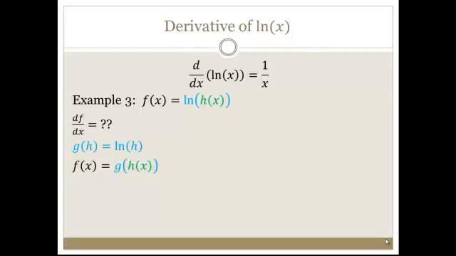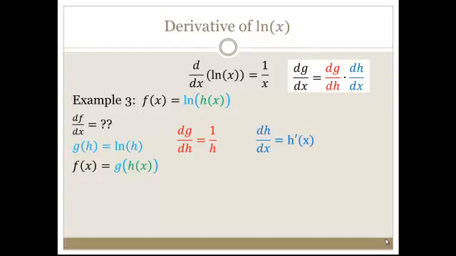Now that we have our composition, f of x equals g of h of x, we can compute the derivative of f using the chain rule again. Now, as we did before, we have that the derivative of g with respect to h is 1 over h. However, the derivative of h with respect to x we can't compute since we don't know h, so we simply must leave it as h prime of x.